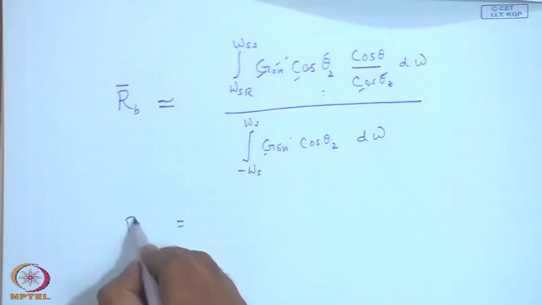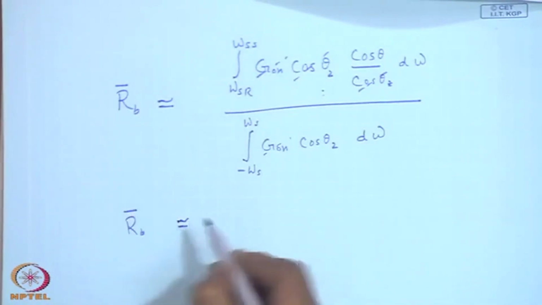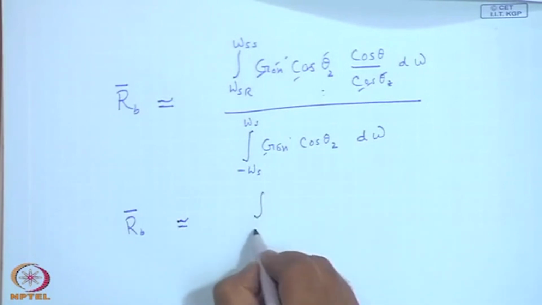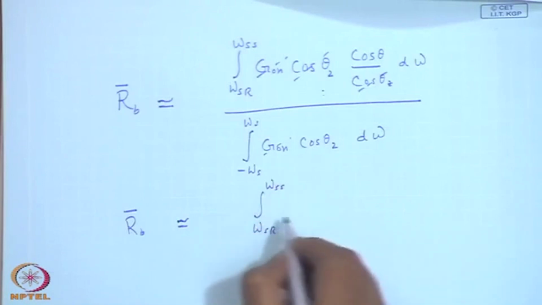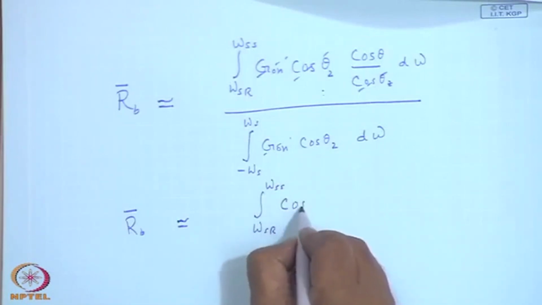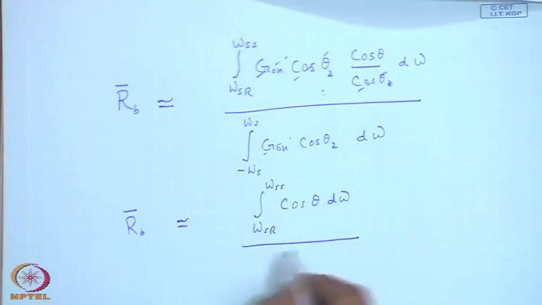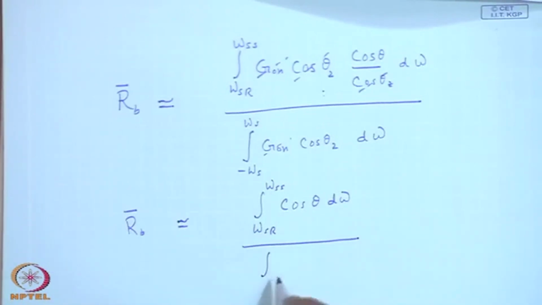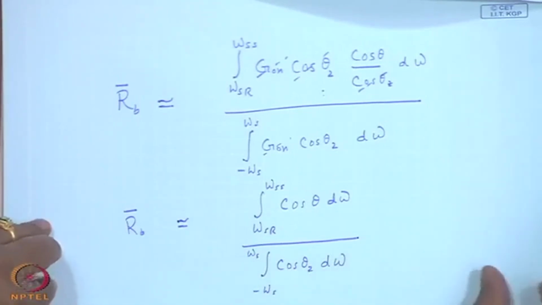So, my RB bar is approximately equal to integral omega SR to omega SS of cos theta d omega by minus omega s to plus omega s cos theta z d omega, right.